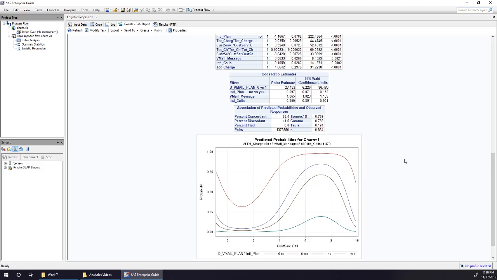We could do the same with our total charge. If we're going to send out a bill of $80 plus, and maybe we get proactive at that point and contact the customer, see if there's anything that we can do to bring that bill down. Maybe give them a one-time bill credit, something like that, in order to try to get them to stay with us.